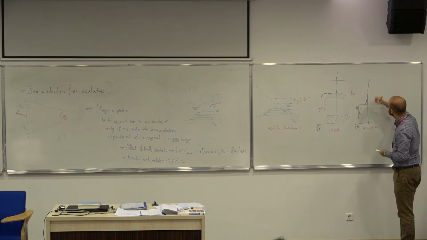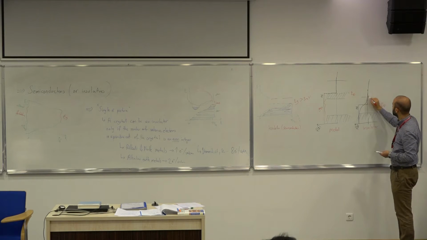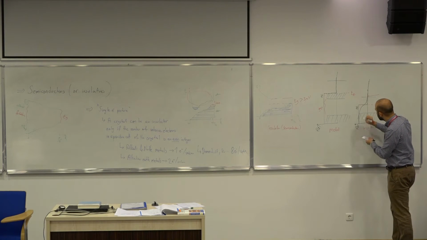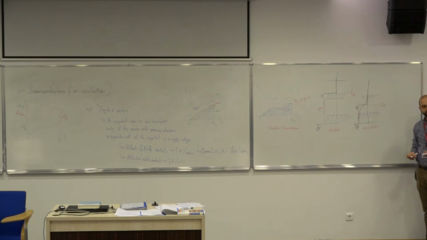So this means my electrons here will have a finite probability of being in this upper band, and there will be absence of electrons here.